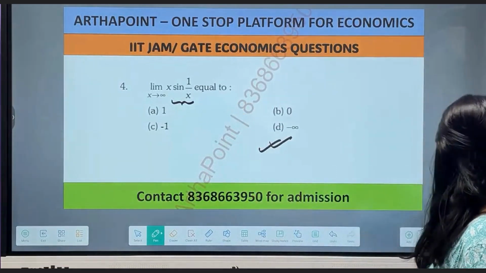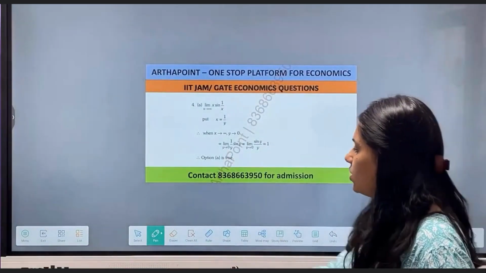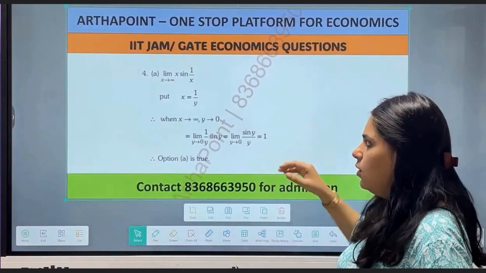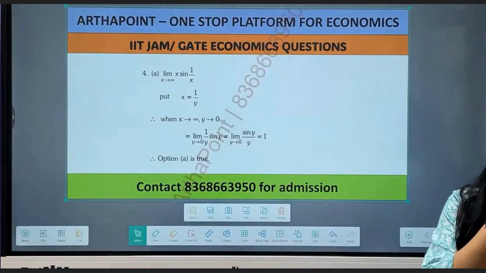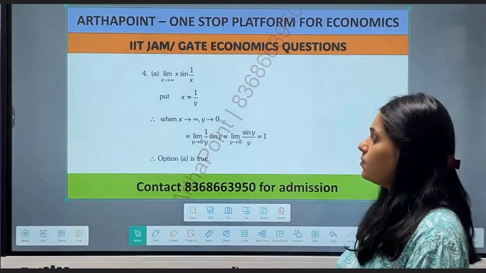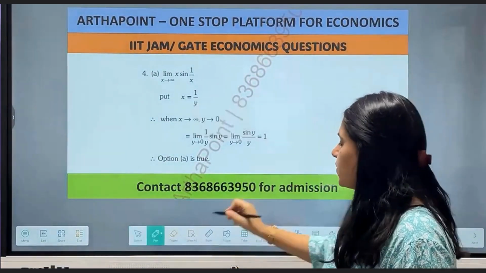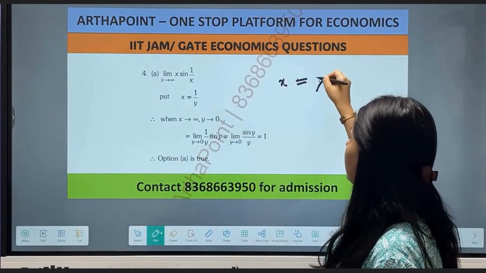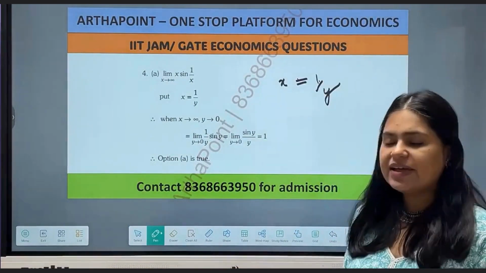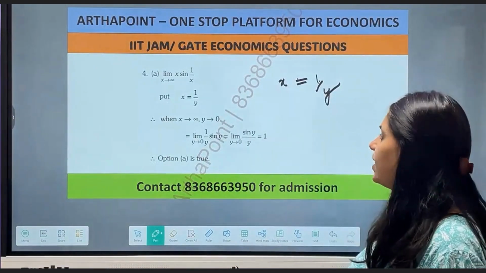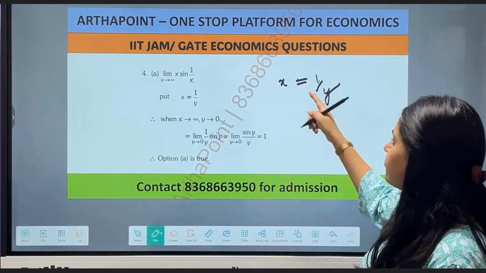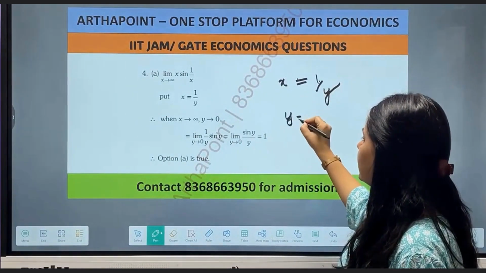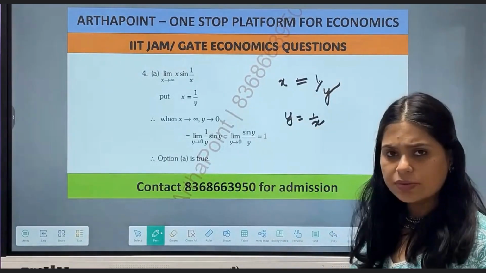Let's try this. What I am doing here is a bit of substitution. I have taken let x is equal to 1 by y. So beta, if x is 1 by y, that means y is 1 by x, right?